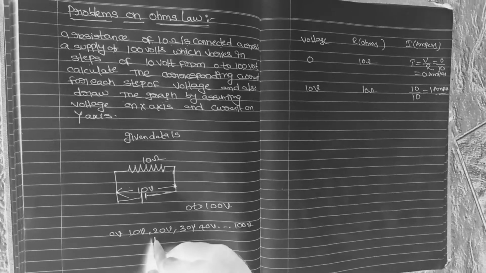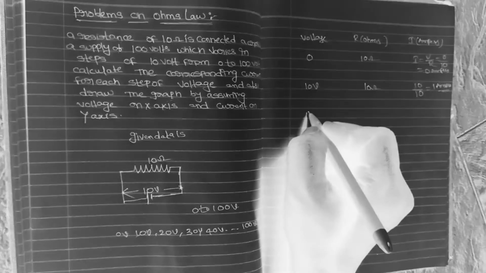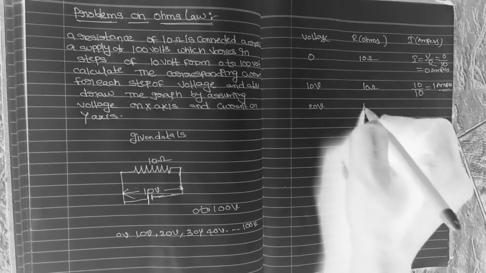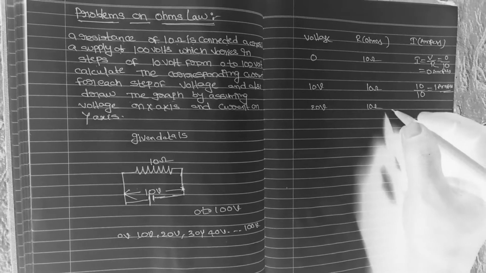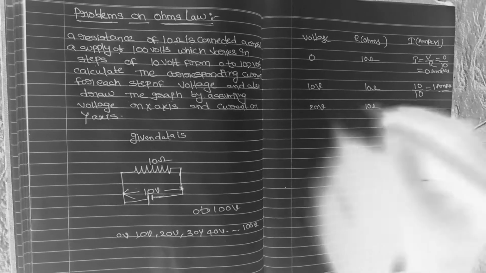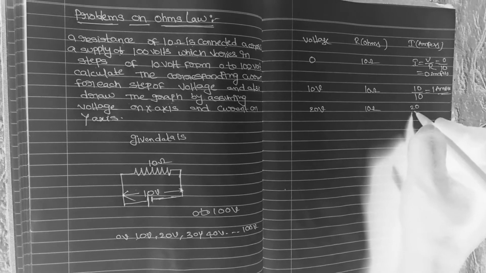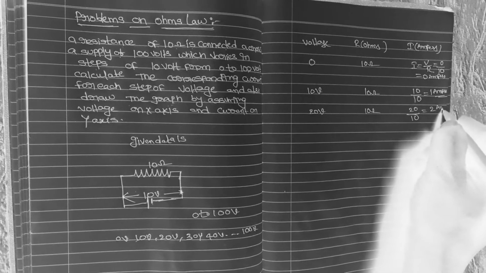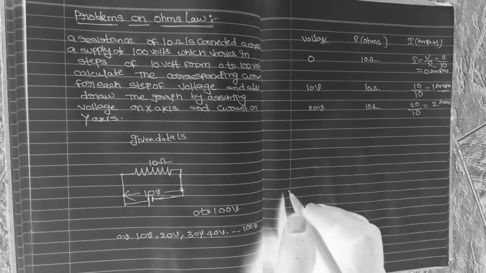Next we go to 20 volts. At 20 volts the resistance is again 10 ohms, so I is equal to V by R, which is 20 by 10, that is 2 amperes.